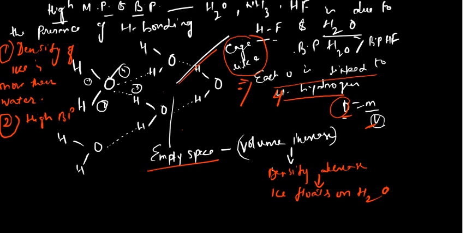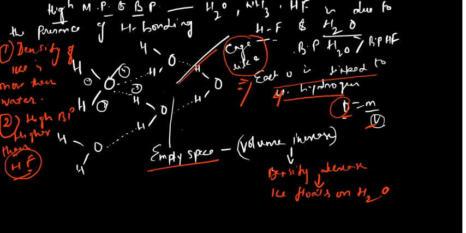and it's higher than hydrogen fluoride, right? The boiling point of water is higher than hydrogen fluoride, although it should be less than hydrogen fluoride, because the electronegativity of fluorine is high compared to oxygen.